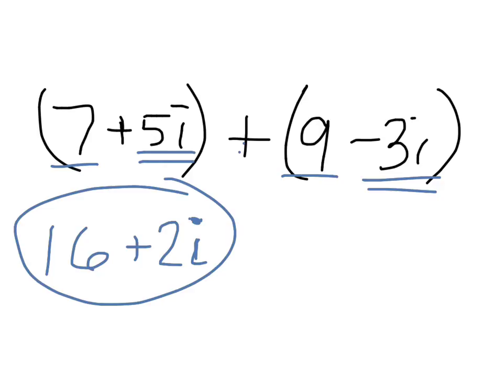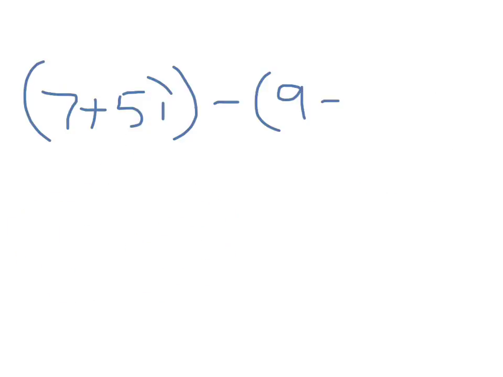Yes, Tamara. 7 plus 5i minus 9 minus 3i. What if I use the same thing that they generated, and now I subtract them instead of adding them? What's 7 minus 9?